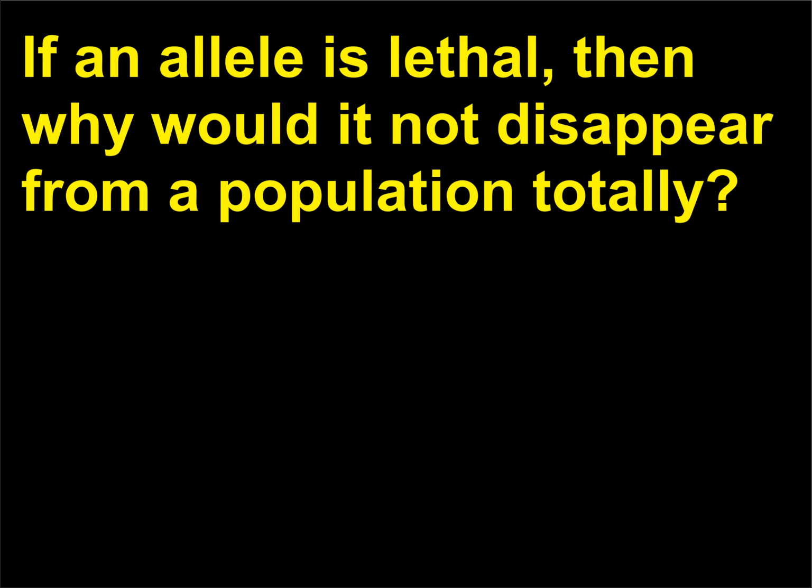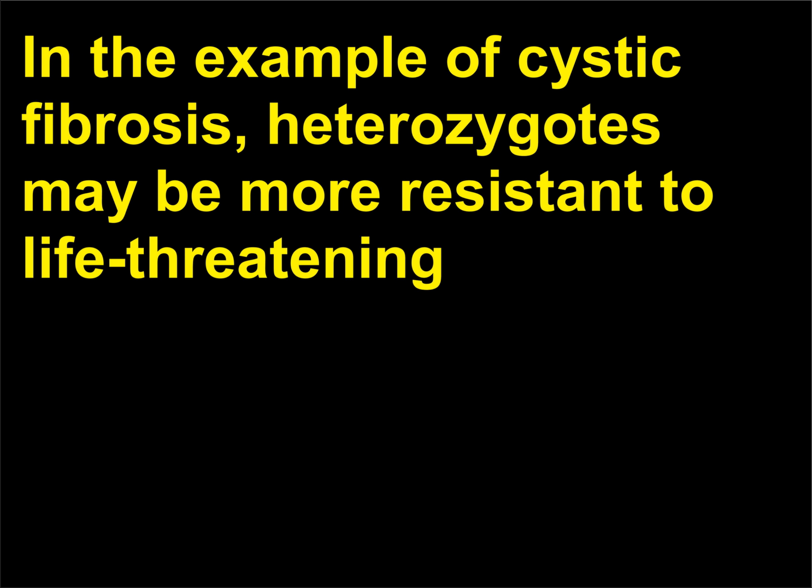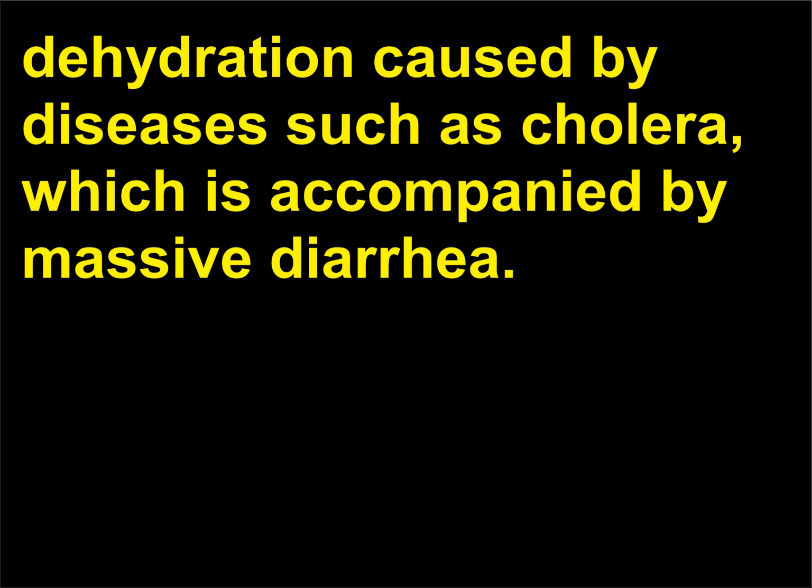If an allele is lethal, then why would it not disappear from a population totally? In the example of cystic fibrosis, heterozygotes may be more resistant to life-threatening dehydration caused by diseases such as cholera, which is accompanied by massive diarrhea.